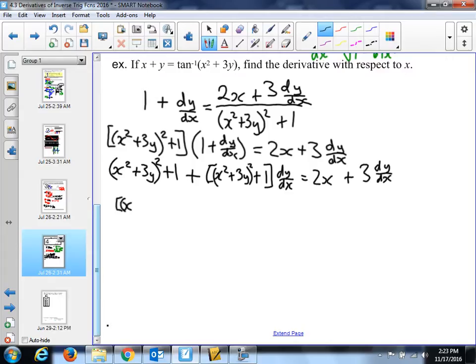I still have my x squared plus 3y squared plus 1 glued to dy by dx. That's the factor there. And now I also have minus 3 dy by dx equals 2x on the left, or the right still, but I'm subtracting the other stuff. Minus.